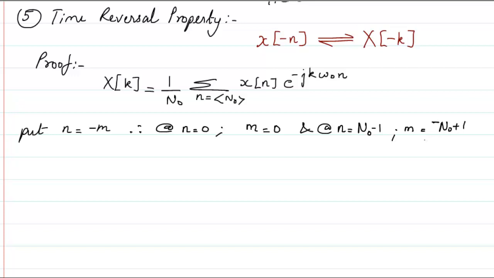So again you can see that it's only going in the negative direction, but the range of values actually has a periodicity of n naught itself.